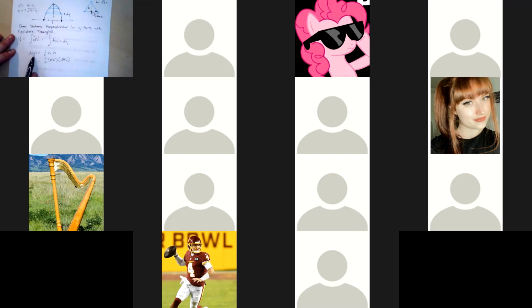But again, we still need our dependence on y. So now we want to convert our x's. So this is going to ultimately just be square root of 3 times x squared, which is just going to be square root of 3 times 4 minus y. So now we've got our area as a function of y.